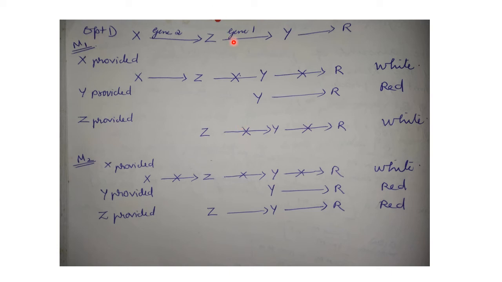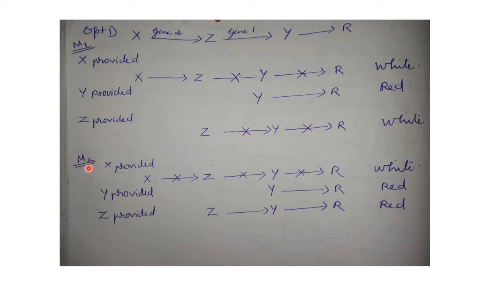So we can conclude that the gene for the conversion from Z to Y is gene 1 and not gene 2. That is why you got white colored colonies when Z was provided, because gene 1 doesn't produce the enzyme that is required for the conversion of Z to Y. So you got white colored colonies.